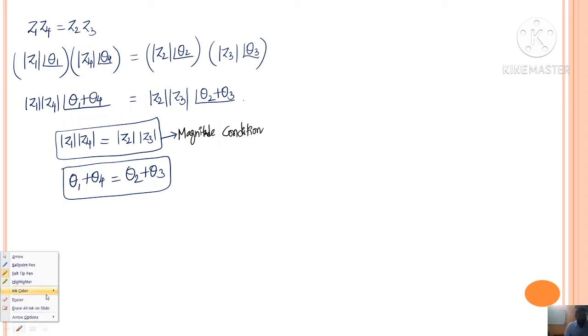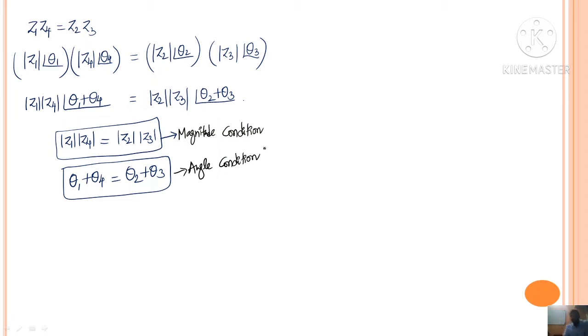You can do the same analysis with substituting the impedances in rectangular form also, like R1 plus jX1 and here R4 plus jX4, like that. But this is important. So this is the angle condition.